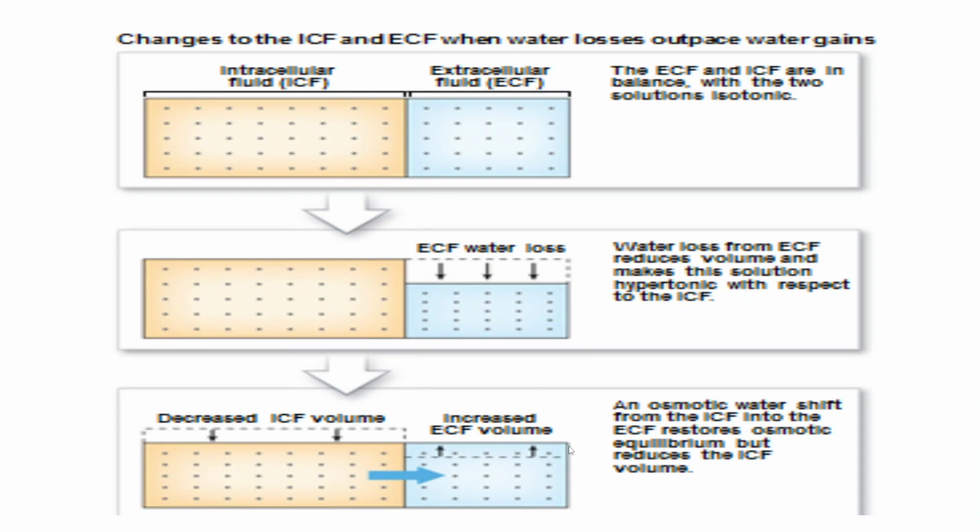Now, if at the intracellular or at the tissue area there is a variation, what happens? In the normal situation, extracellular fluid and intracellular fluid are in balance, and there is a continuous exchange.